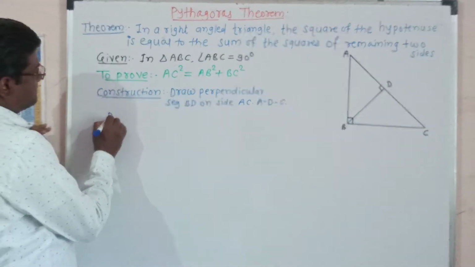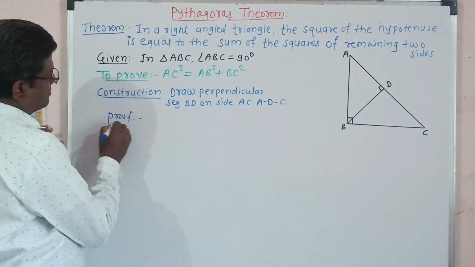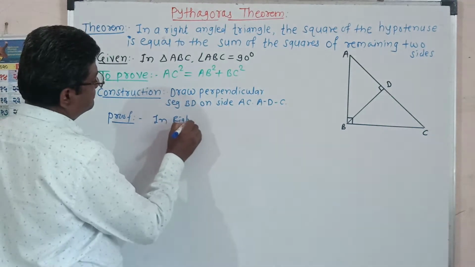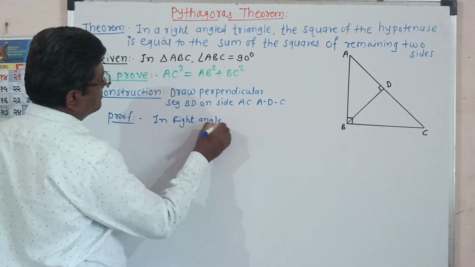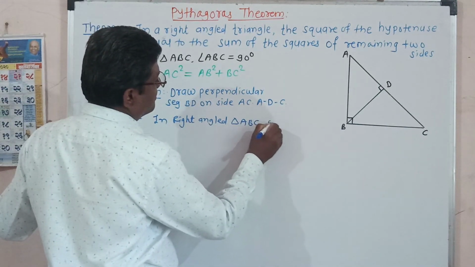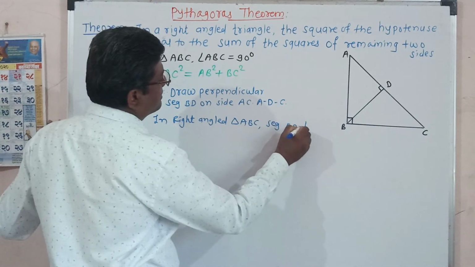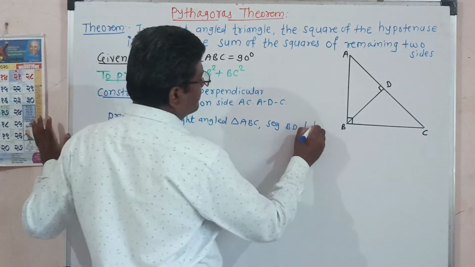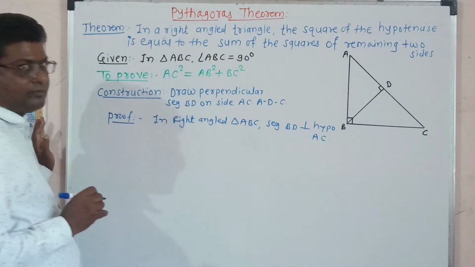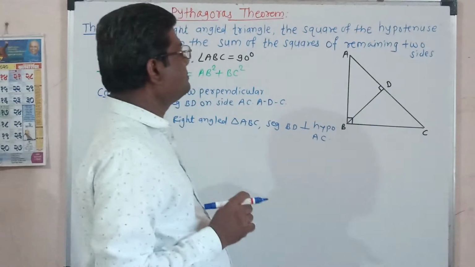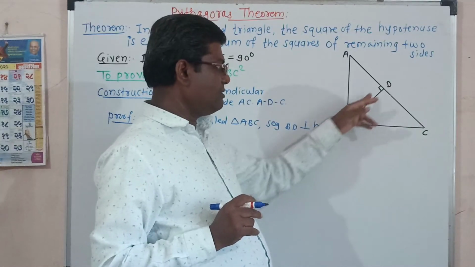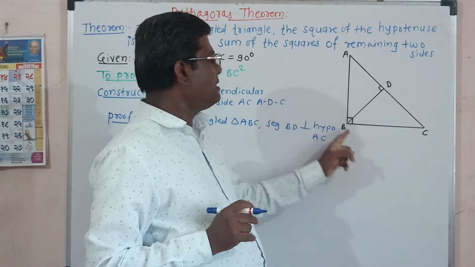Now let's see the proof. In right angled triangle ABC, segment BD is perpendicular to hypotenuse AC. Now there are three triangles formed: triangle ADB, triangle BDC and triangle ABC.